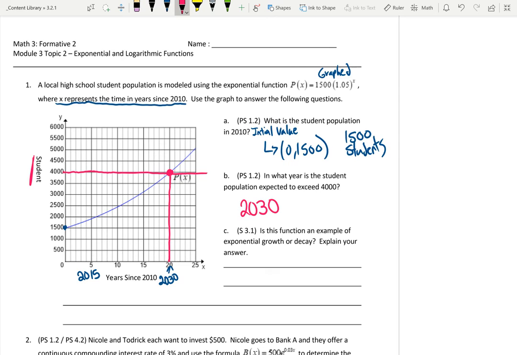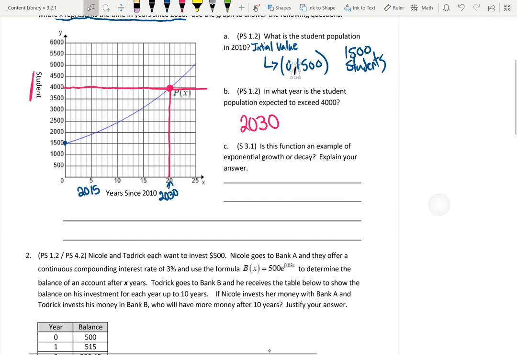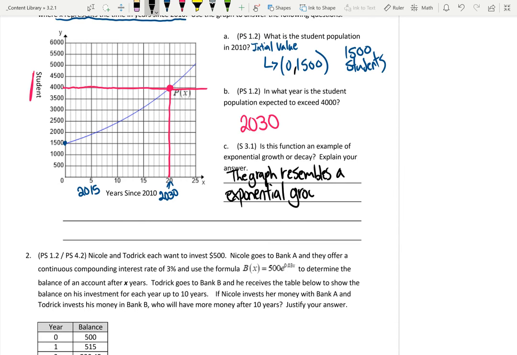Is this function an example of growth or decay? And explain your answer. Well, from the graph, I know it's going to be growth. The graph resembles an exponential growth function. I'm looking at part C for spelling in case some of you guys aren't as confident.